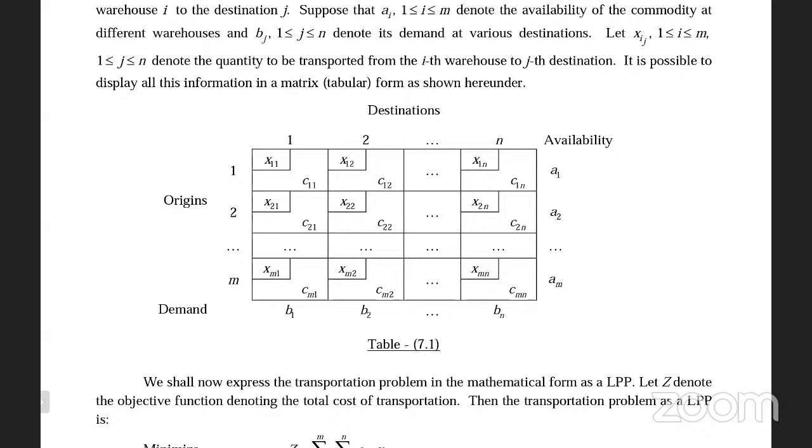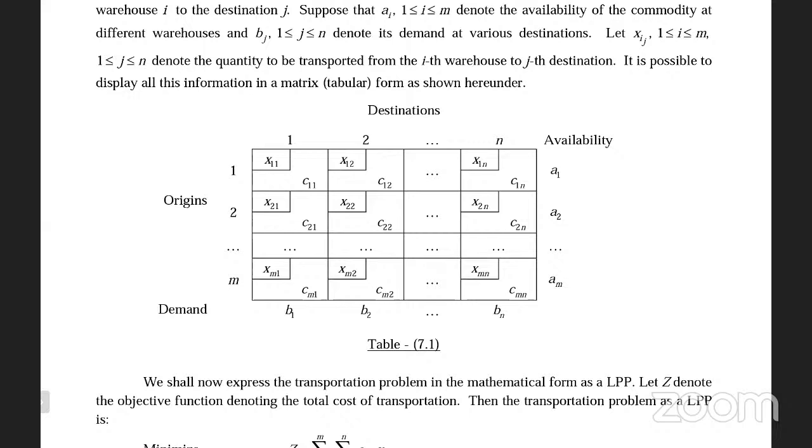For example, origins 1, 2, 3 are Coca-Cola, Pepsi and other companies' plants. The availability of production is A1 for Coca-Cola, A2 for Thums Up, and AM for Maaza. That is my availability, and I want to distribute all of it to the distribution centers.